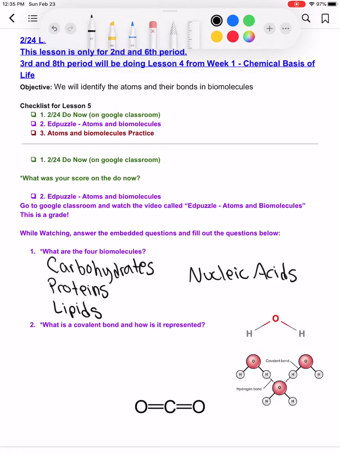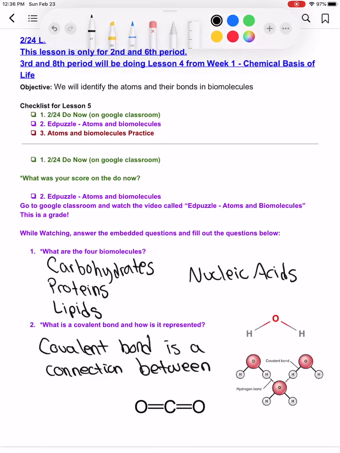So a covalent bond is a connection between atoms where they are sharing electrons.